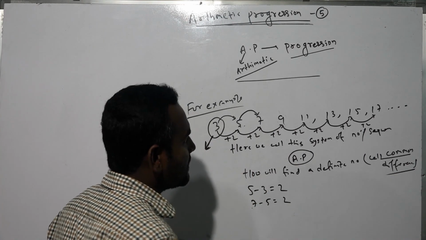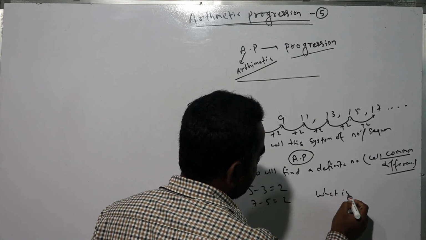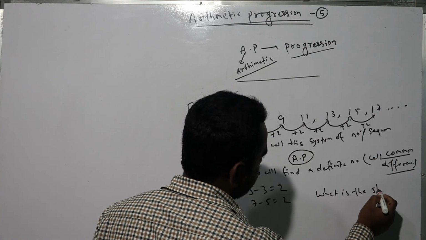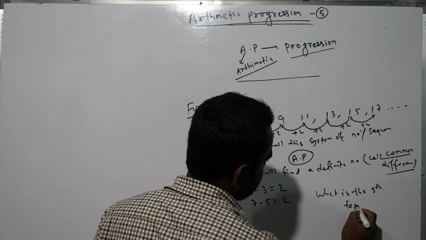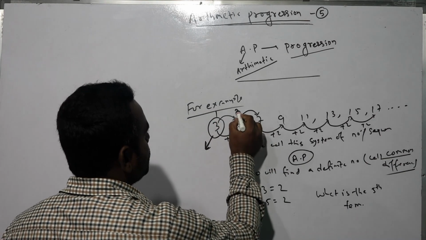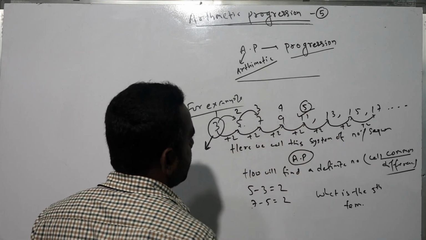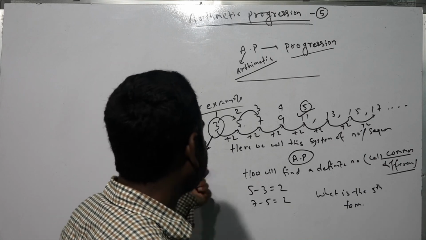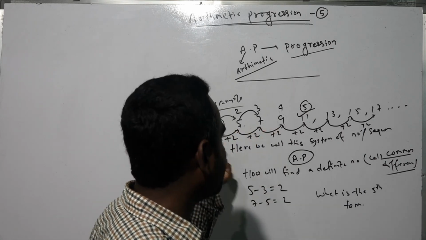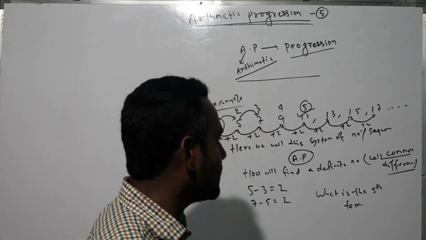Here we can easily say what the fifth term of the sequence is. It is easy to say: 1, 2, 3, 4, 5. So the fifth term of the arithmetic progression is 11. Can you easily see that?